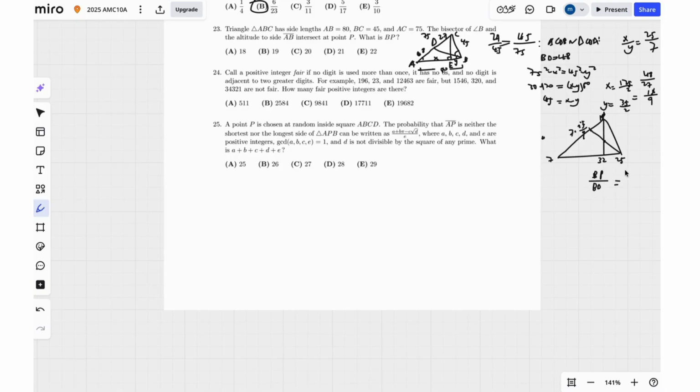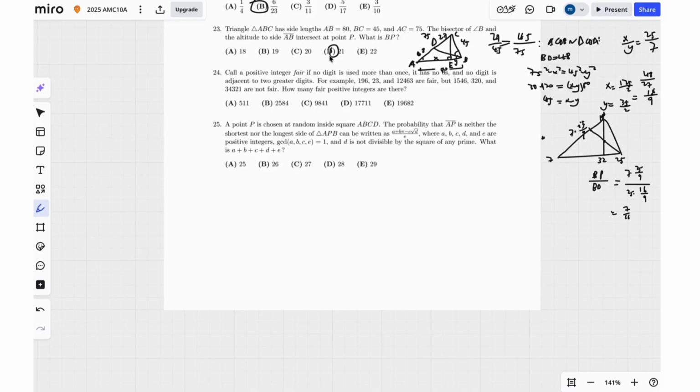BP over BD is 7 times 25 over 9 over 25 times 16 over 9, which is 7 over 16. And then BD is 48, so BP is 21. So the answer is D.